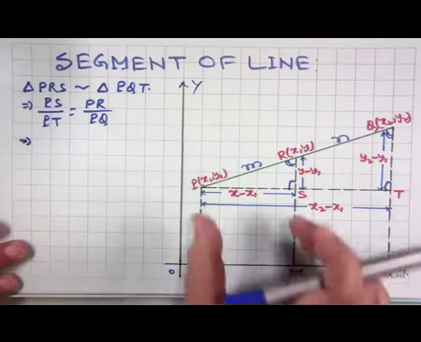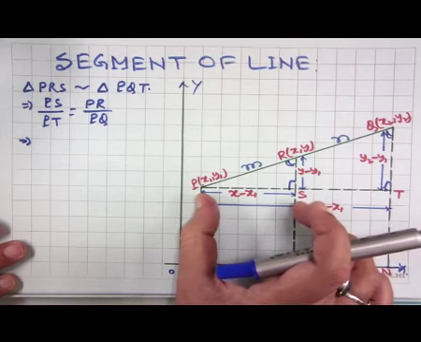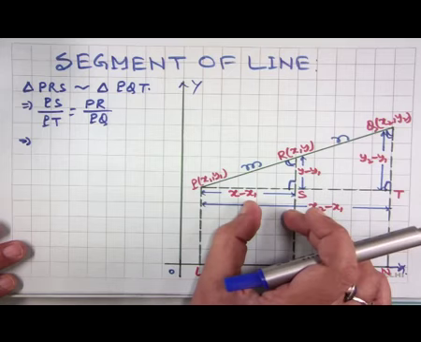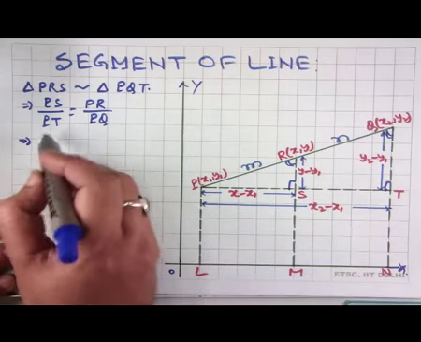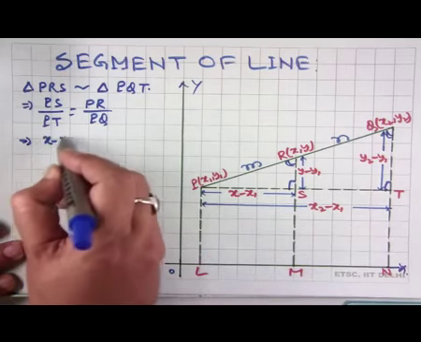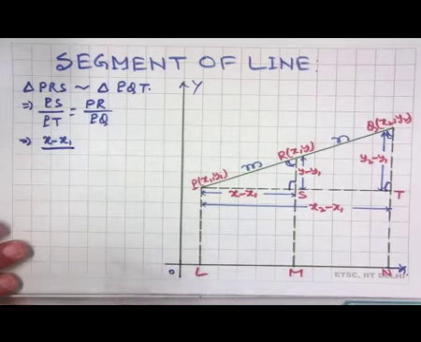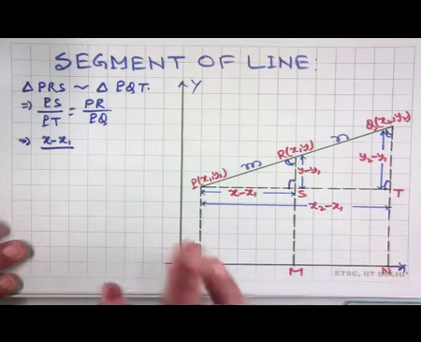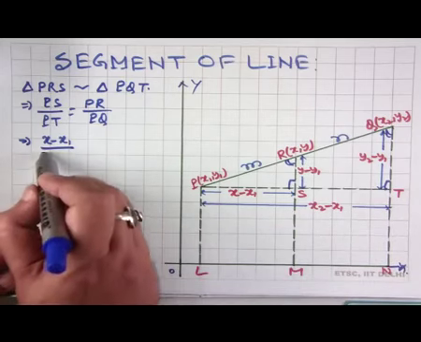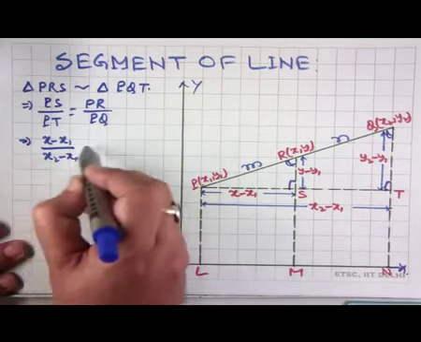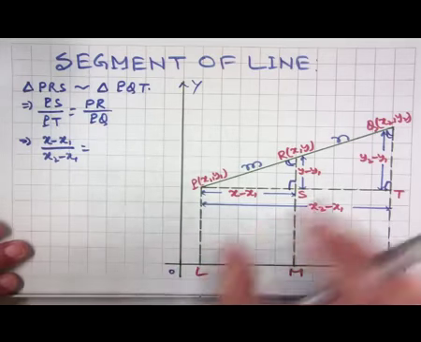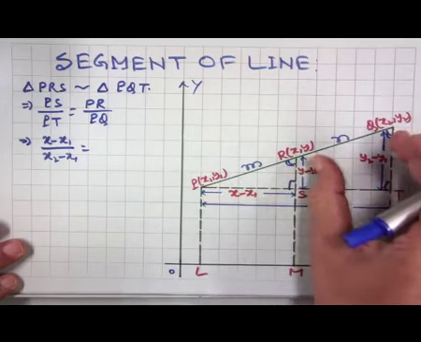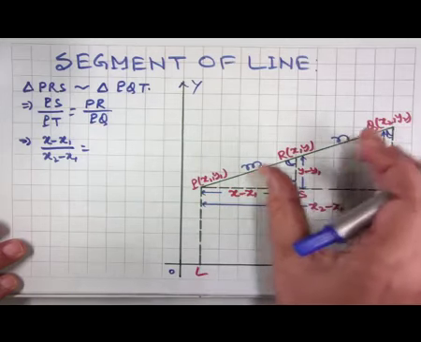Now, this PS is x minus x1. So x minus x1 by, and this PT is x2 minus x1. The ratio of PR and RQ is given, that is m is to n.